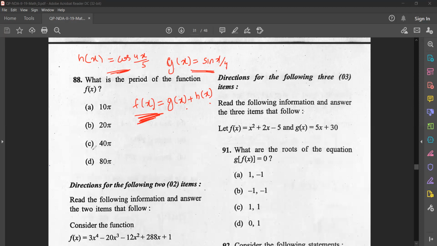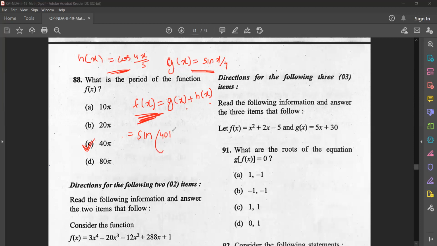Okay, have you got the answers? 40 pi. Let's see. So I'm just substituting in g of x, which is sin x by 4. If I put 40 pi plus x, what I'll get?